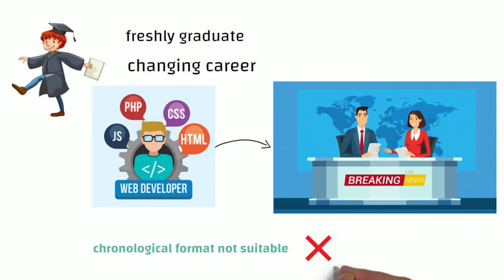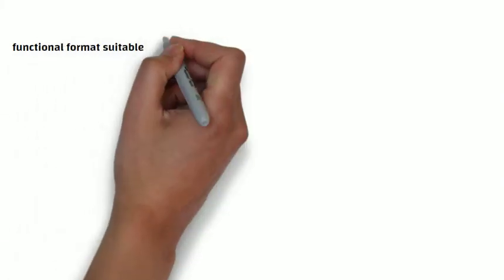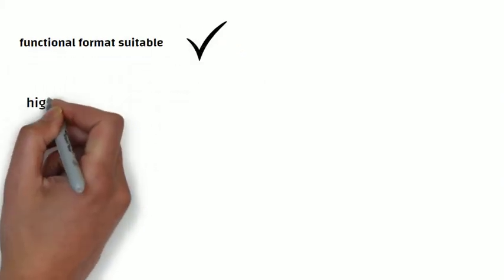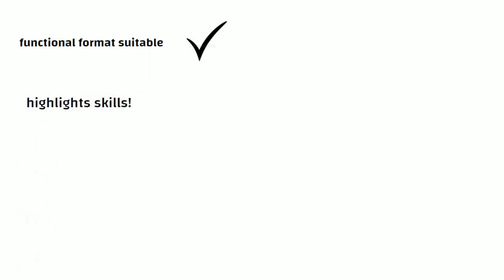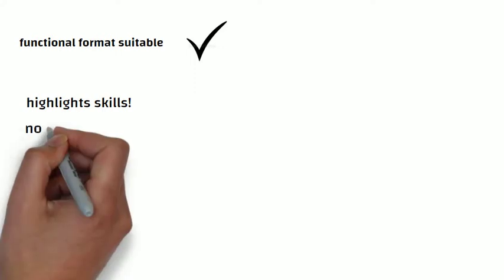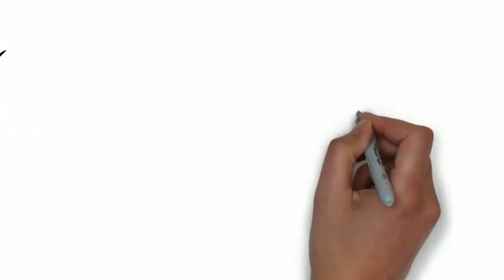Okay? So, if you are a fresher with no past job experience, or if you are changing your career, then the functional format of resume is best suited for you. This format highlights your skills, your command of different instruments, different software, and different techniques. Your employment history is not highlighted over here.